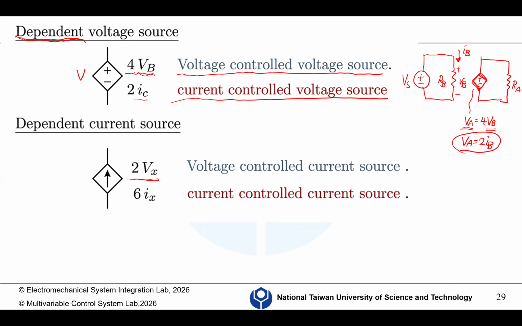This current source is controlled by the voltage across a certain element in the circuit, or its current value equals 6Ix, where Ix is the current flowing through a certain element in the circuit. So the first is called voltage controlled current source. The second is called current controlled current source.